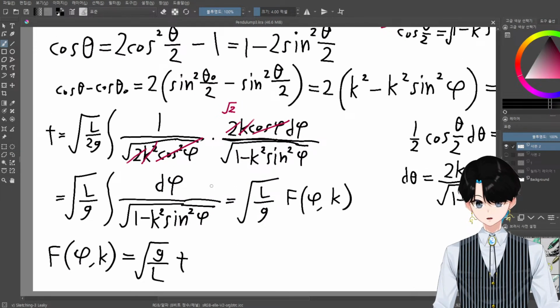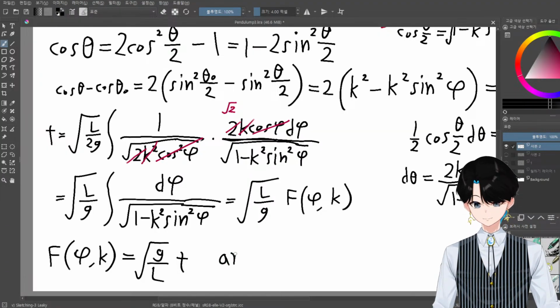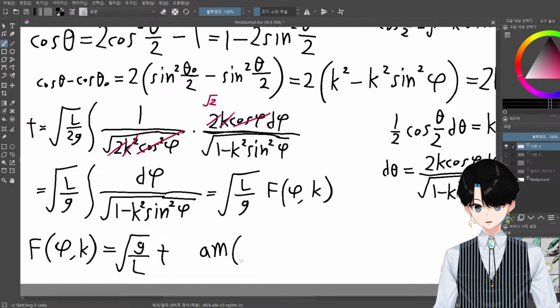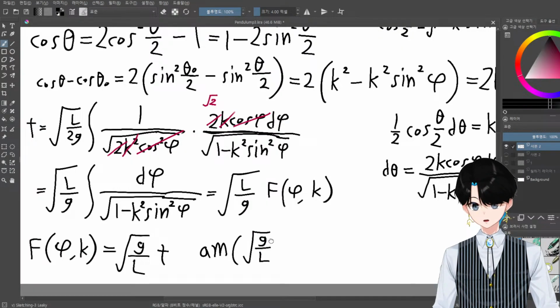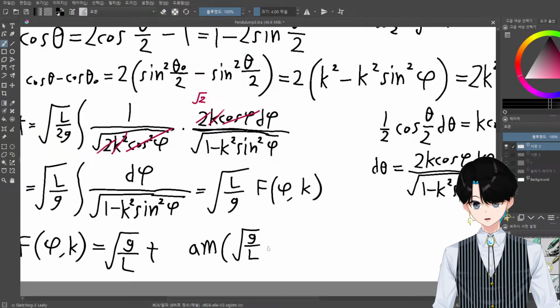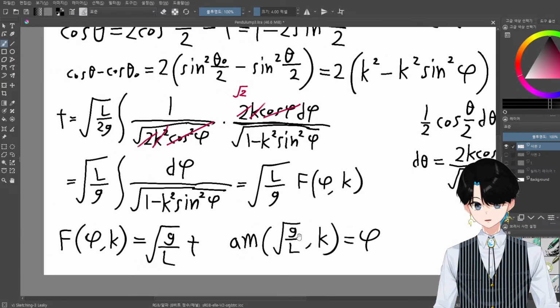If we inverse it, it will turn into the Jacobi amplitude, the Jacobi amplitude of root of g over L times t, with modulus k, equal to the phase angle here.